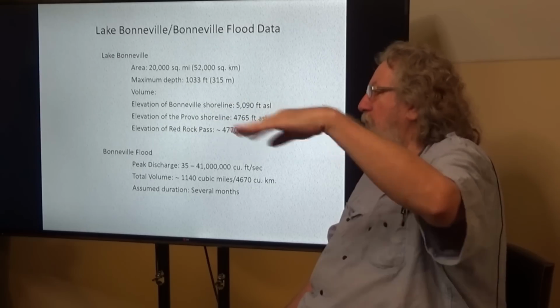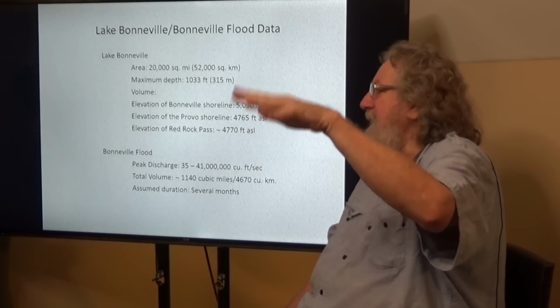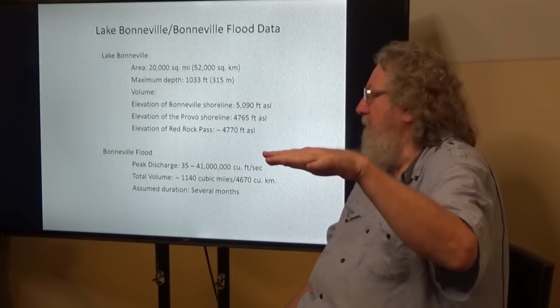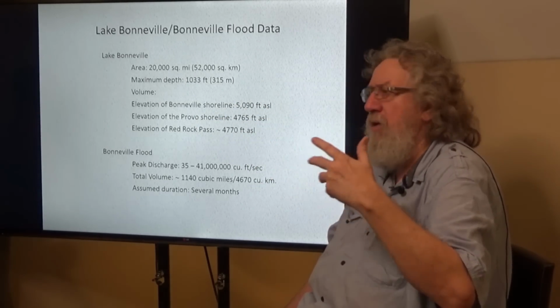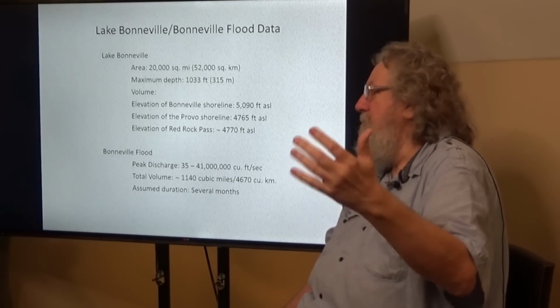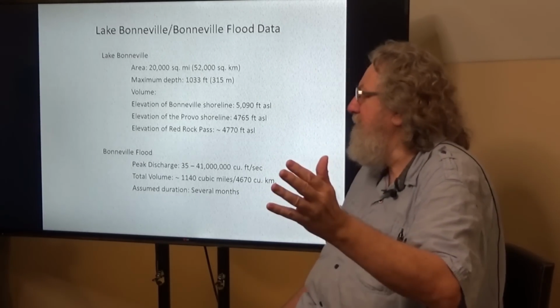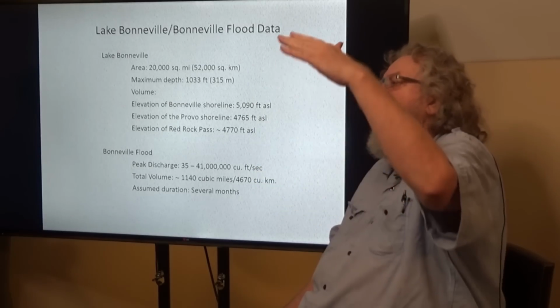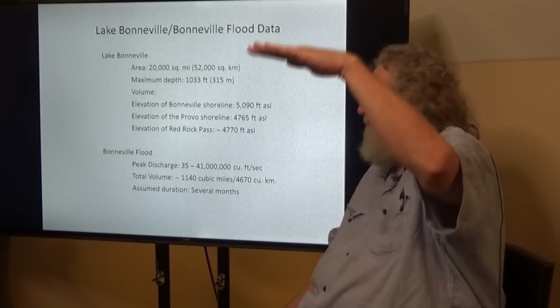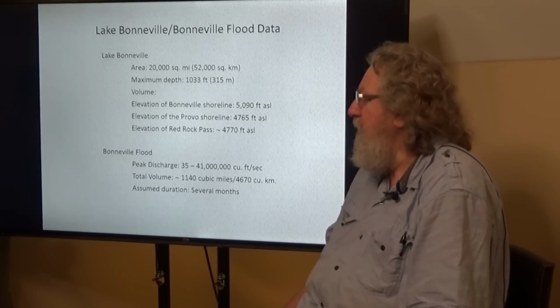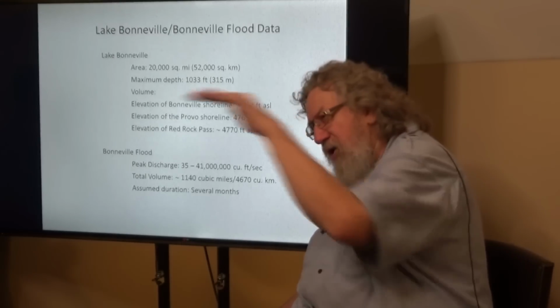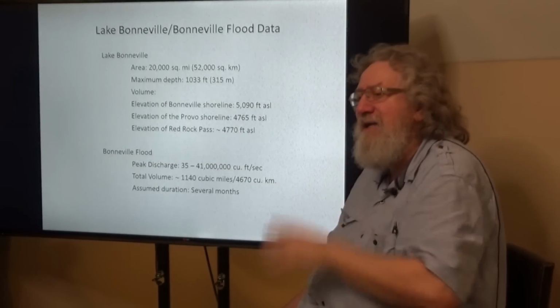and eventually flowed over it in the form of a river, ate it down to some threshold level where the pressure of the great body of water behind it was too great, and it was able to sweep the softer rock out. Over a period of a couple of months, the lake level dropped by 320, 330 feet as all of this water poured out over Red Rock Pass.